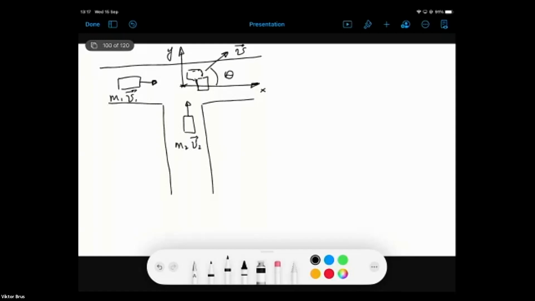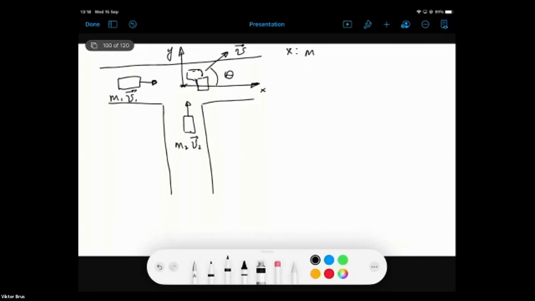Projections on axis X: which car will contribute to the linear momentum along axis X? M1. That's absolutely right, because the velocity v1 vector is aligned along axis X, and the v2 vector is perpendicular, so its projection will be equal to 0.